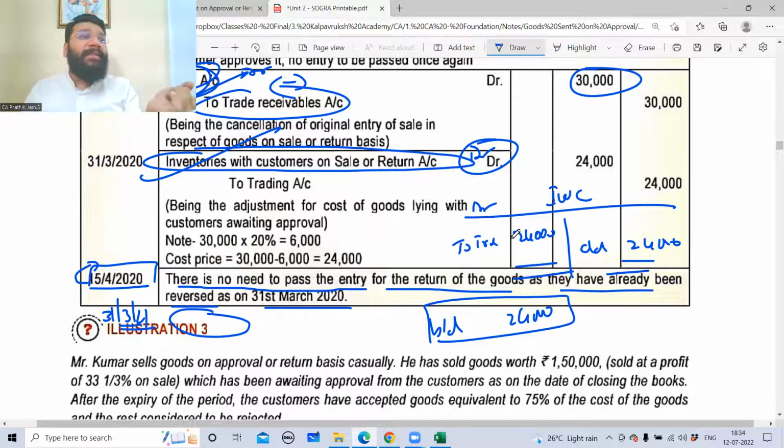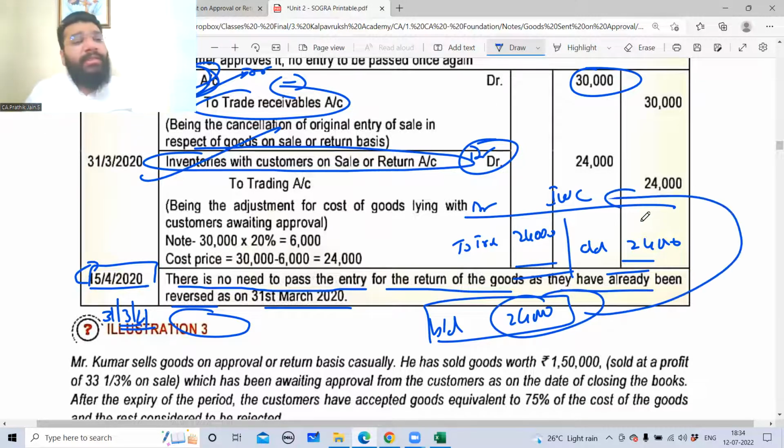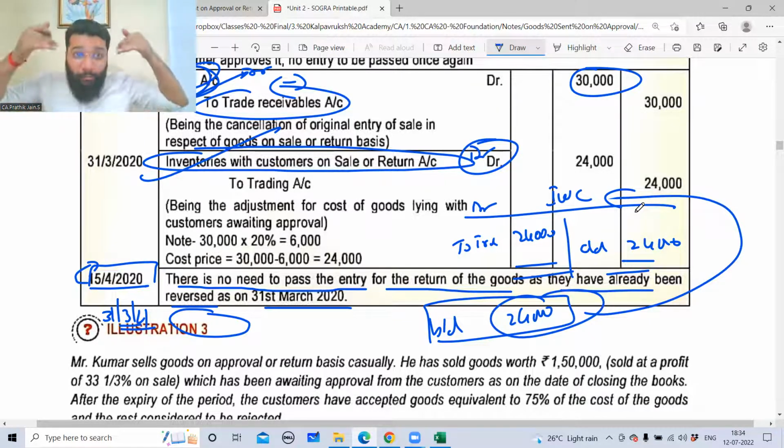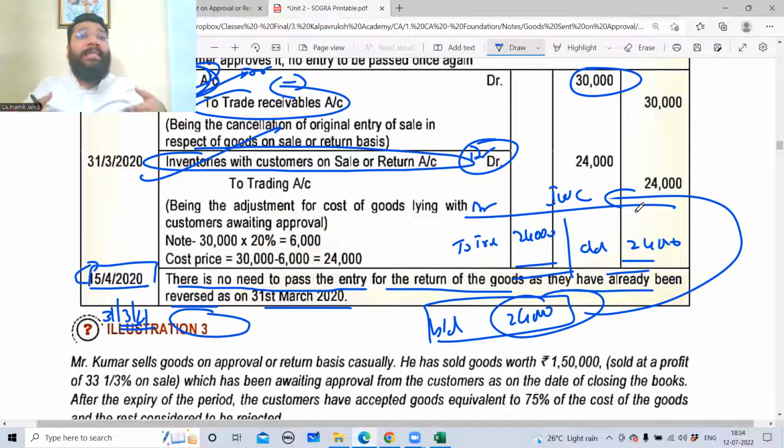Now, when the goods are rejected and returned, can you have this 24,000 under the inventory with customer account? First, the goods are rejected and returned, and are coming back to me. It is now my stock, as the stock is lying in my godown now. So what are you supposed to pass?